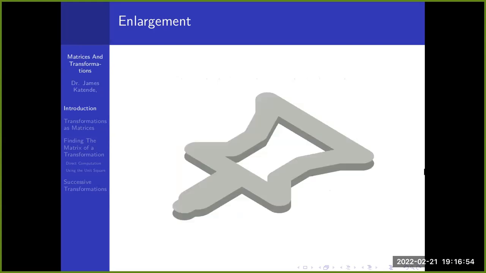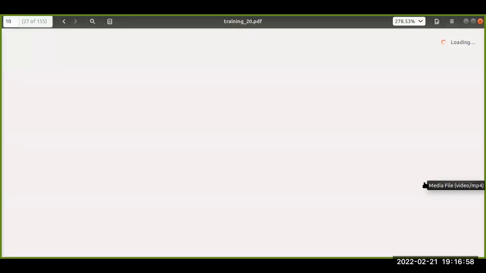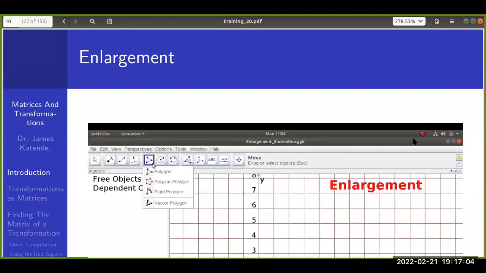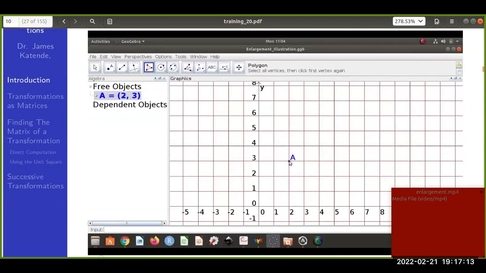So let's see what it looks like in GeoGebra. You can see the screen.